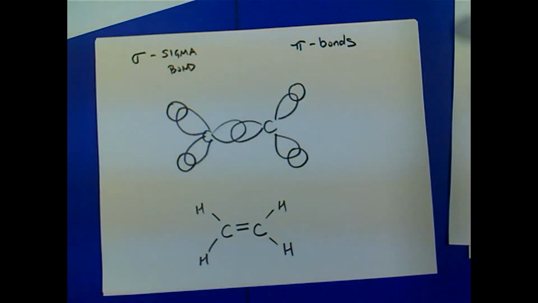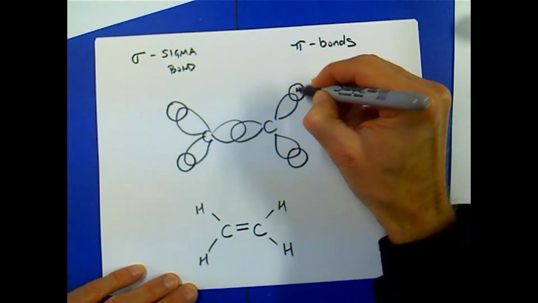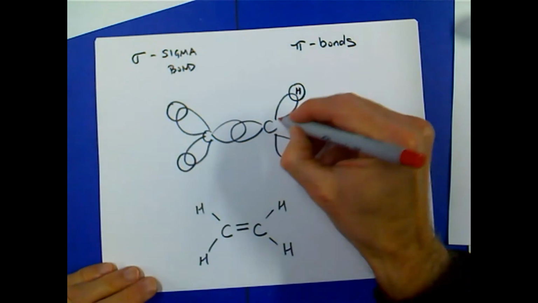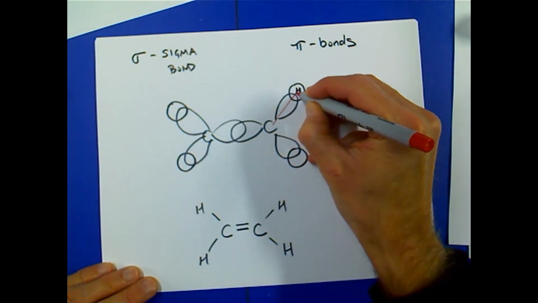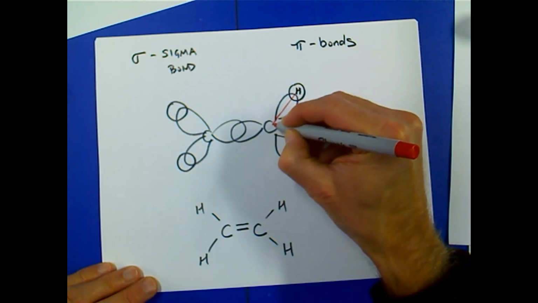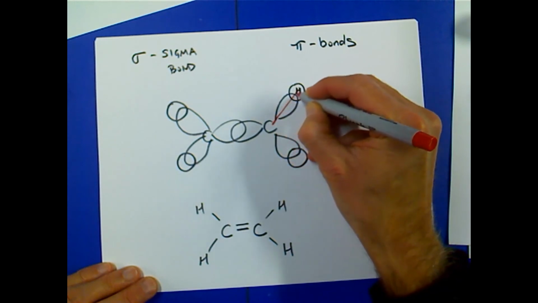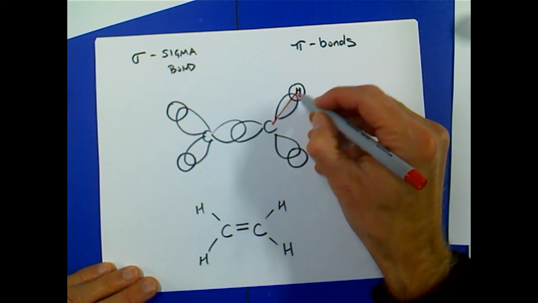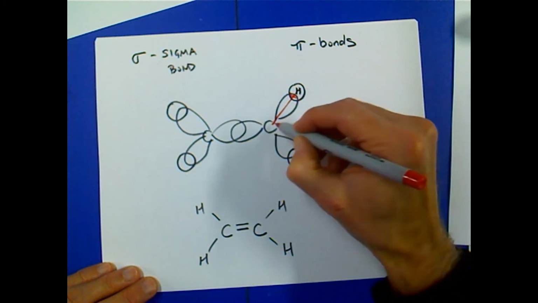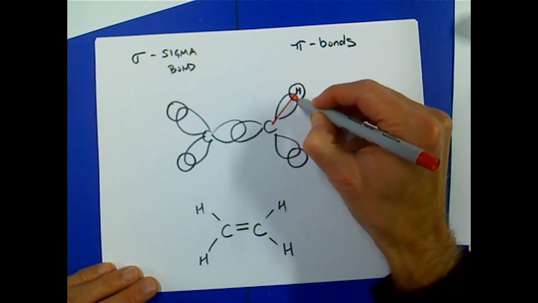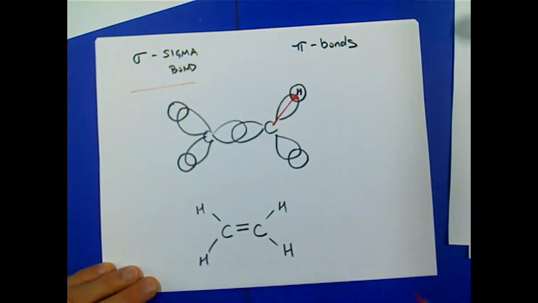And here's the way you tell the difference between a sigma bond and a pi bond. In a sigma bond, if we can draw a line between the 2 atoms shared in the bond, like between this carbon atom and this hydrogen atom, if the line between the 2 centers of the atoms punctures the overlap, so you can see here there's an overlap here, then it's a sigma bond.